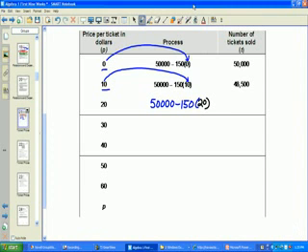You've got to do 50,000 minus 150 times 20, and give an answer. Once you got that, go to the next one.